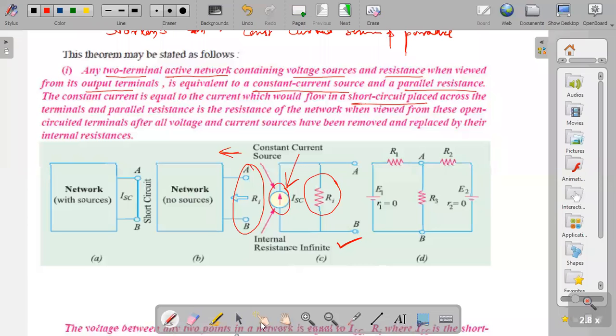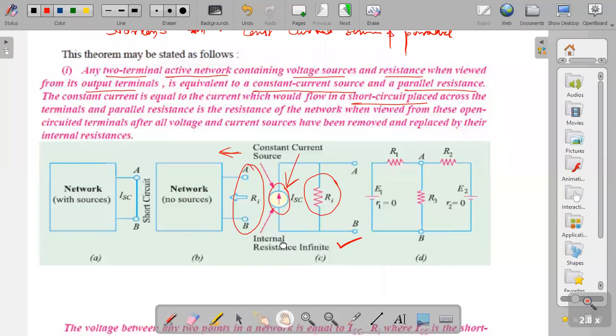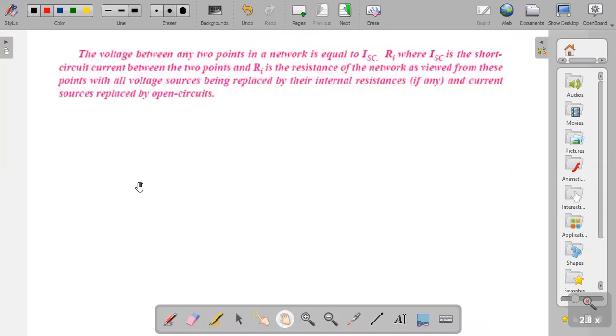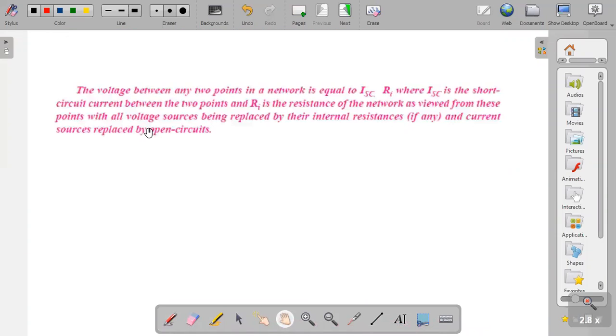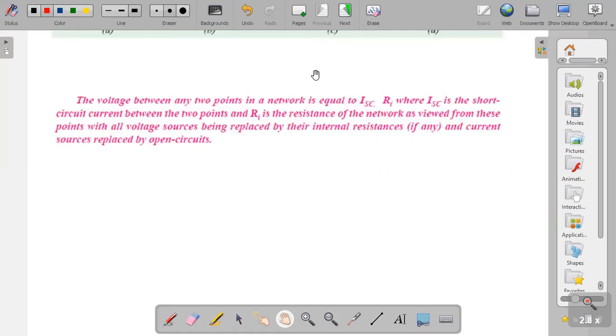Or you can write, dear student, the voltage between any 2 points in a network is equal to ISC, and what is ISC? S for short, C for circuit current. What is the formula for Ohm's law? V equal to IR.